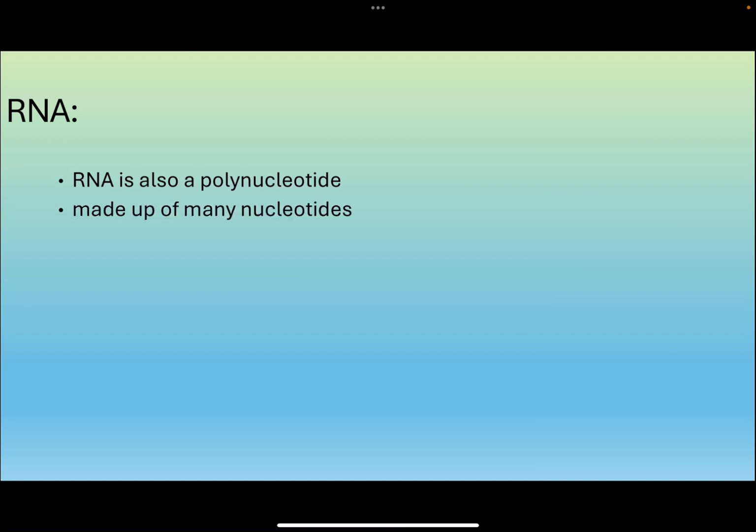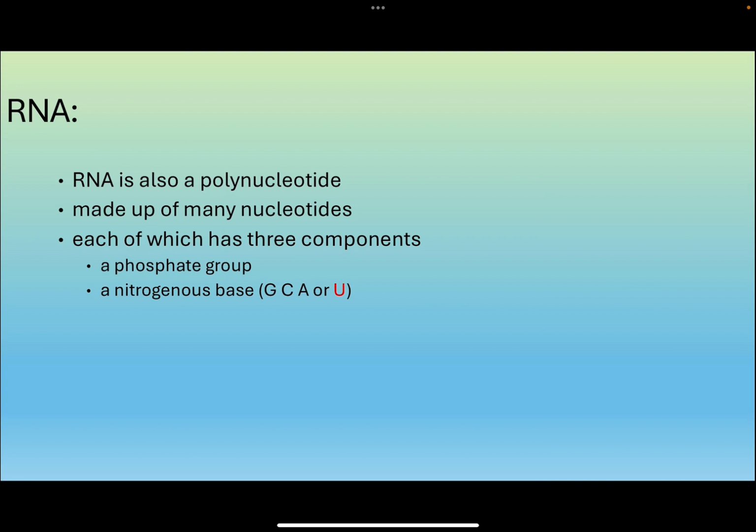So now we've talked a bit about DNA structure, we're going to move on to RNA. So RNA is also a polynucleotide. It's made up of lots of individual nucleotides, and again, each of them has three components. They all have a phosphate group, a nitrogenous base, and a pentose sugar.